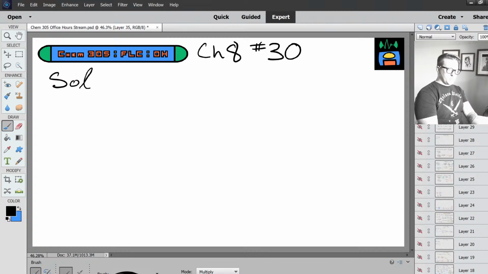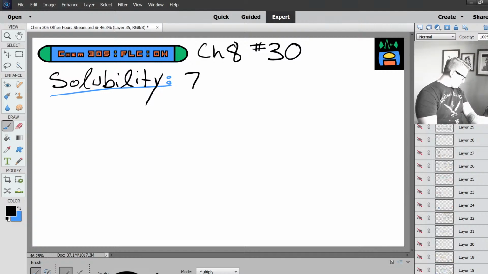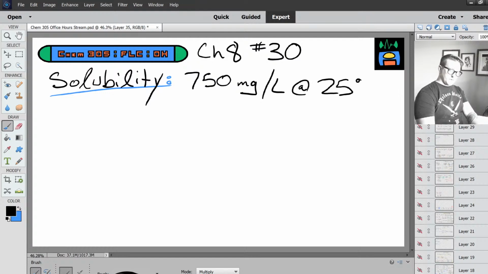So we're given the solubility. Solubility of a compound is 750 milligrams per liter at 25 degrees Celsius.